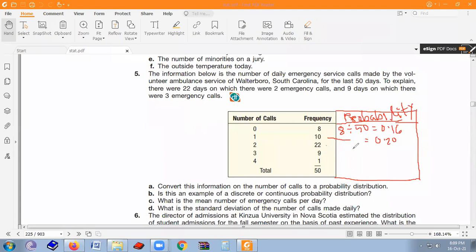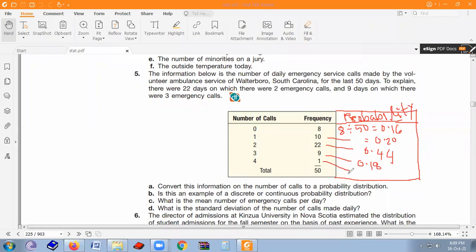Then 22 divided by 50 is 0.44. Then 9 divided by 50 is 0.18. Sir, all are divided by 50.